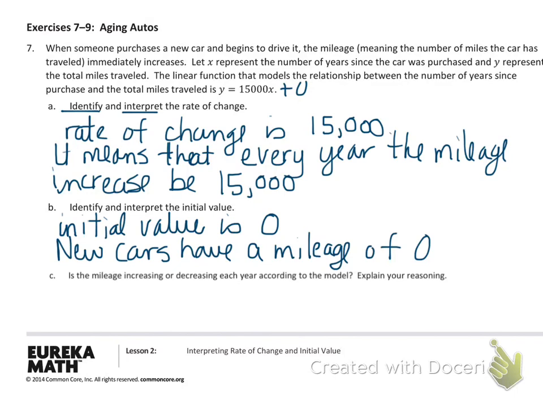Okay, and part C says, is the mileage increasing or decreasing each year according to this model? Explain your reasoning. The mileage is increasing. It's increasing every year because we're driving the car, right?